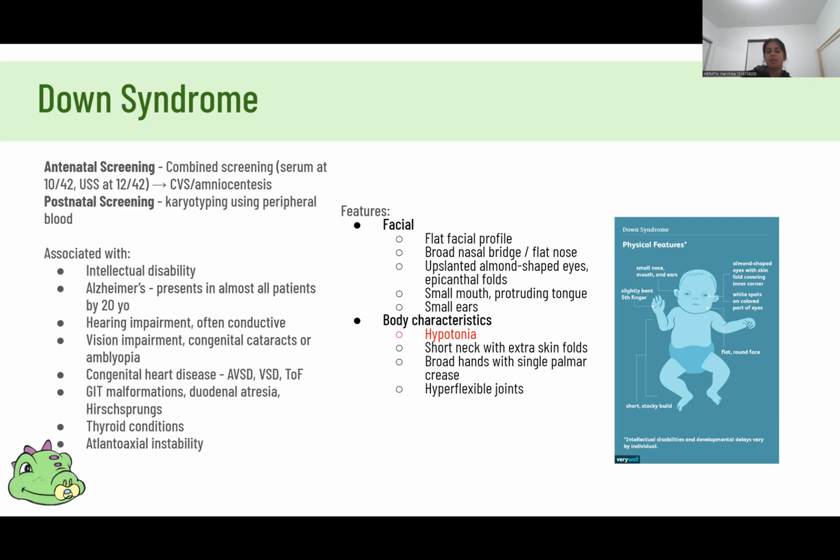I think the main associated conditions I would remember are Alzheimer's plus or minus intellectual disability, plus the congenital heart diseases, particularly AVSD, and also the GI malformations, like Hirschsprung's, I think would be the main ones I'd make sure I remembered.